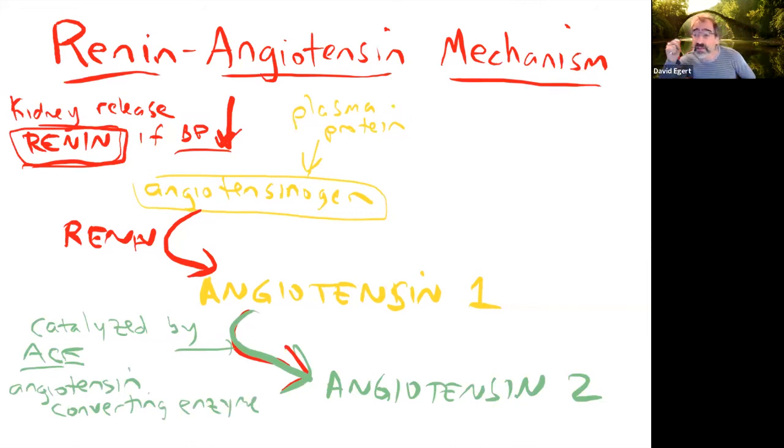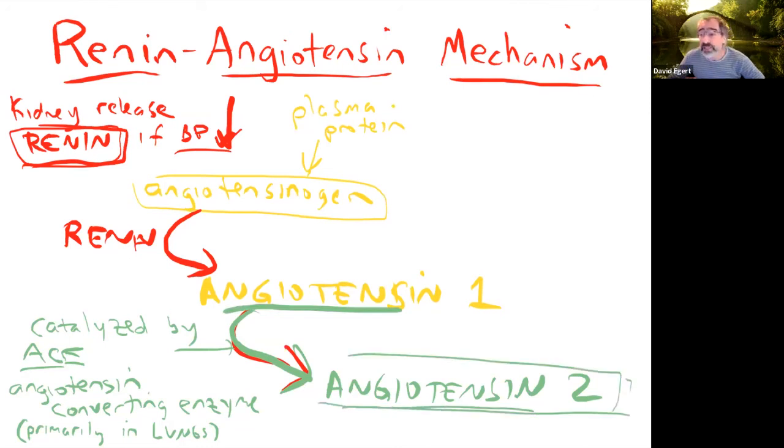ACE is found primarily in the lungs. As the blood is going through the lungs, there are these enzymes anchored in there that are converting angiotensin 1 into angiotensin 2.